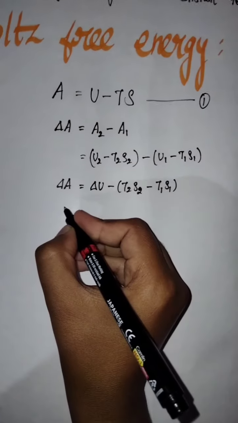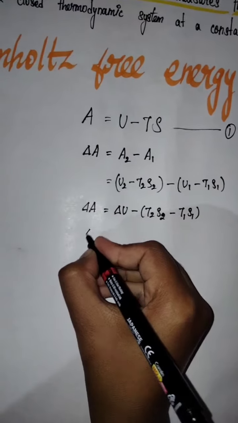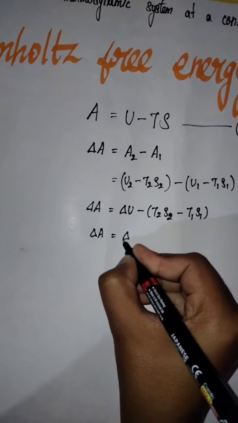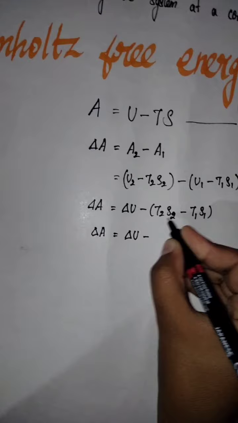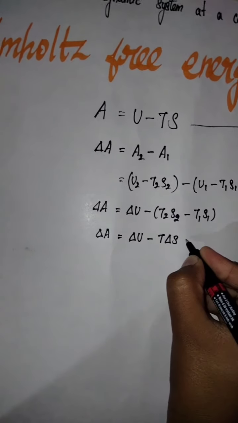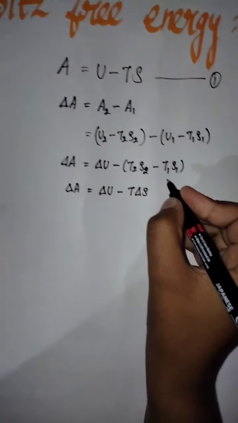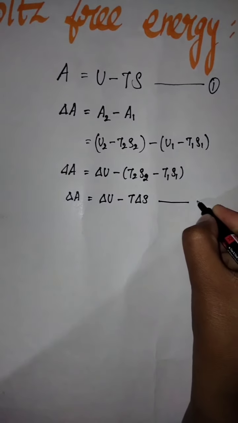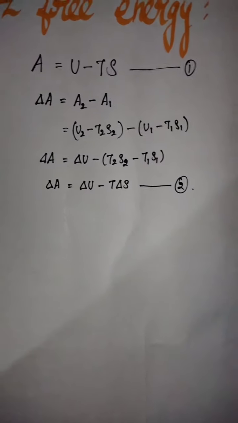So now del A is equal to del U minus T del S. Take this as equation number 2.